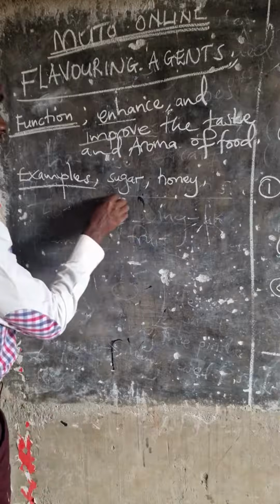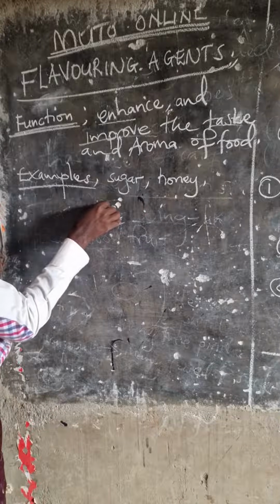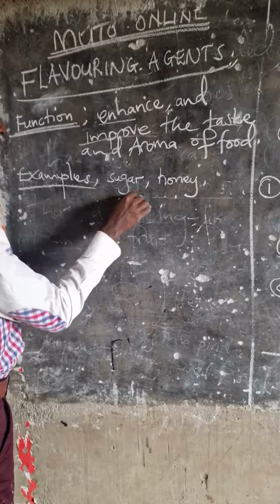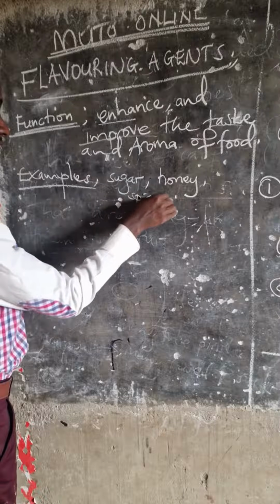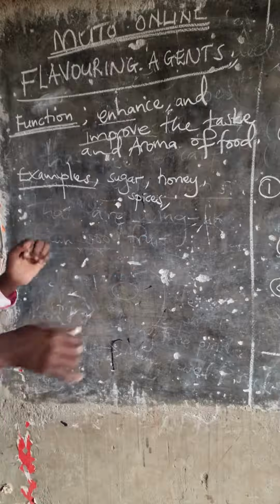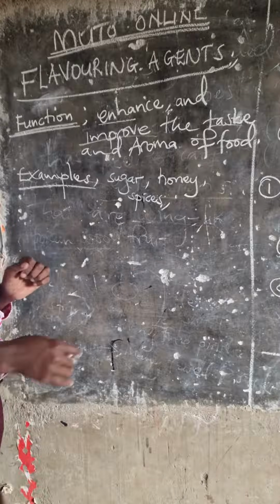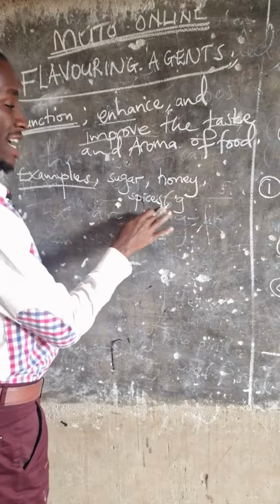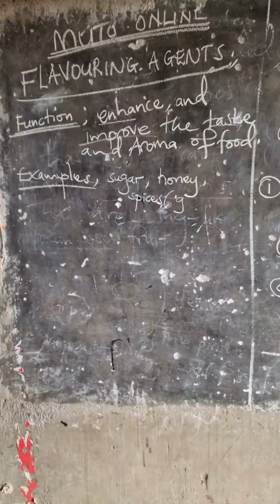Some people add what you call the spices, extracted from different natural plants, like garlic powder, cinnamon, which the Baganda call umdalasin.